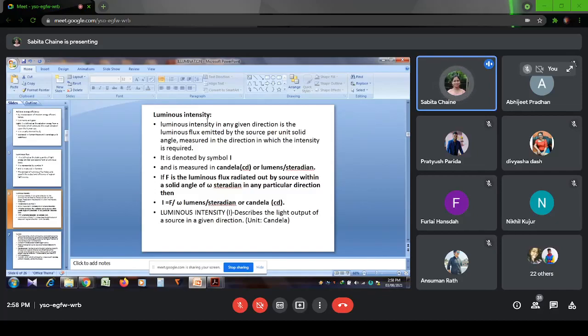If you know the luminous flux denoted by F and the solid angle is W, in steradian, then I equal to F by W, and the unit of luminous intensity is candela. It describes the light output of the source in a given direction. All of you write that. So luminous intensity I equal to F by W, the unit is candela, and it is the light output of a source in a given direction.